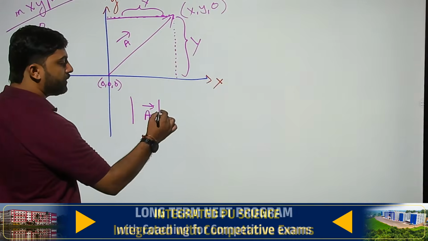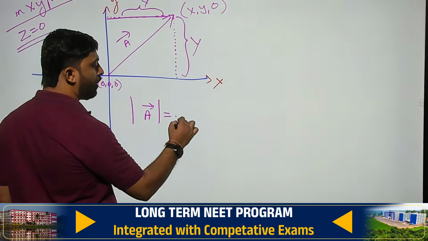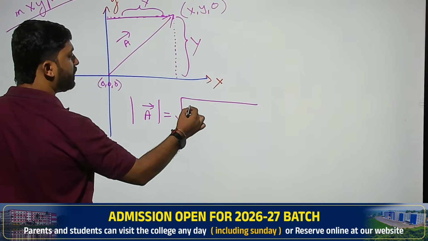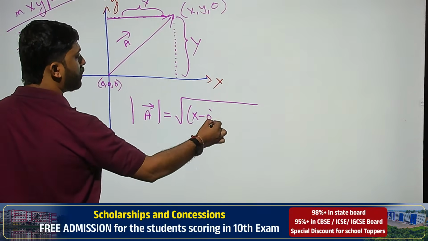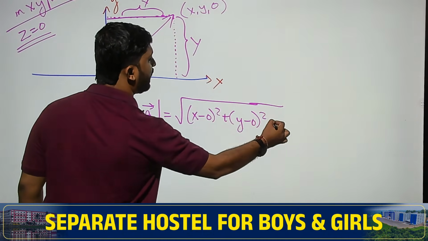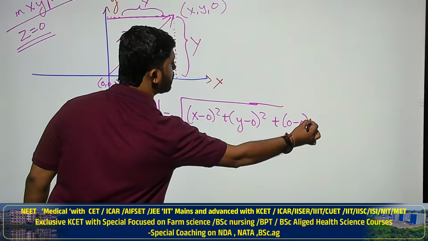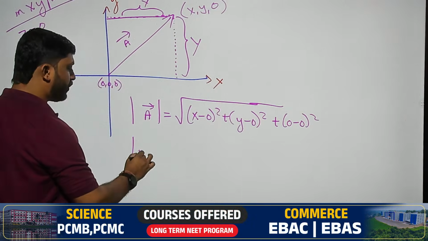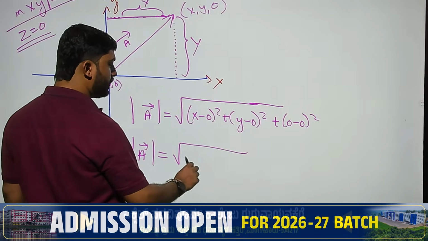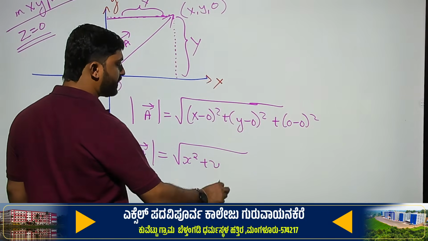How to calculate the magnitude? It is root of, what is the coordinate at head? It is x minus 0 whole square plus y minus 0 whole square and z, 0 minus 0 whole square. So what is the magnitude of a vector? Magnitude of a vector is root of x square plus y square.